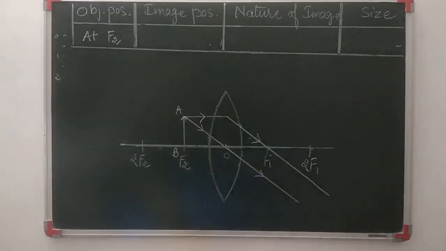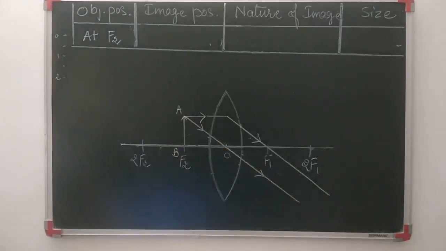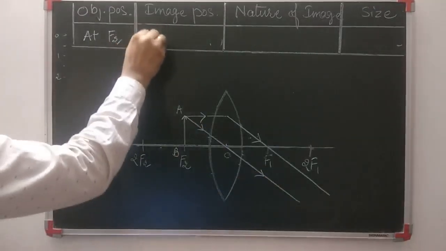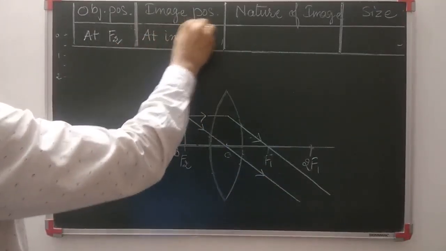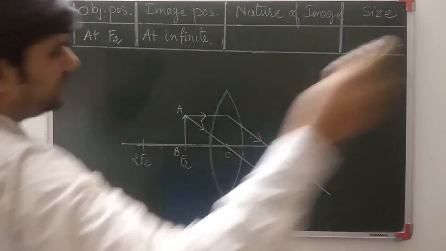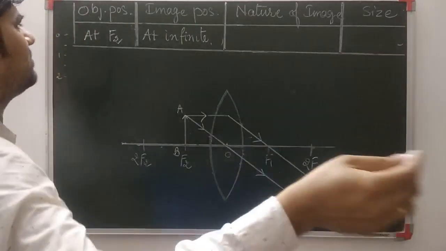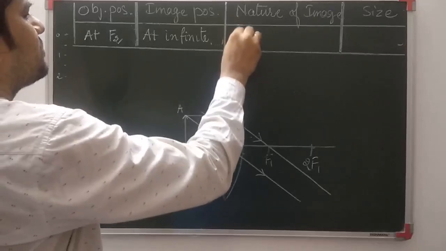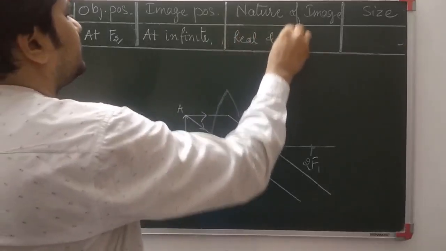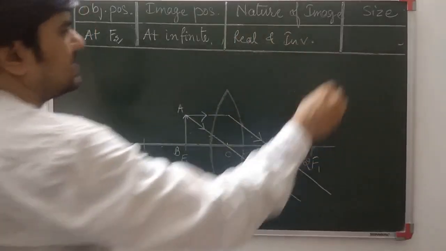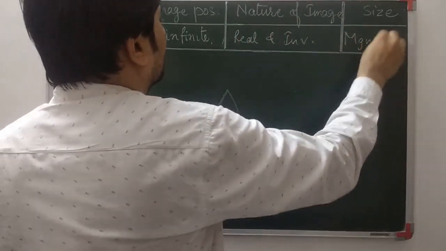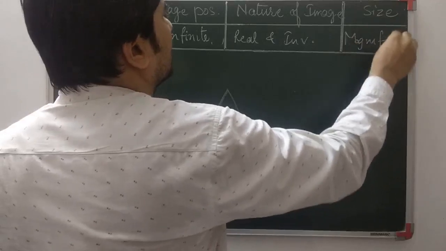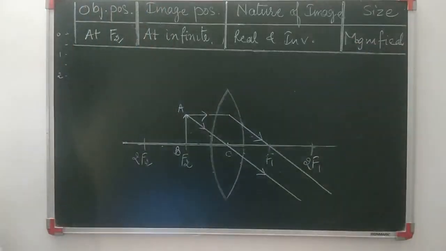So we can see that both the rays are parallel to each other. So the image is formed at infinity. As both the rays are parallel, they will not meet anywhere, but we keep it. So the image which is formed is real and inverted. And the size is highly magnified. That means a very large image will be obtained.